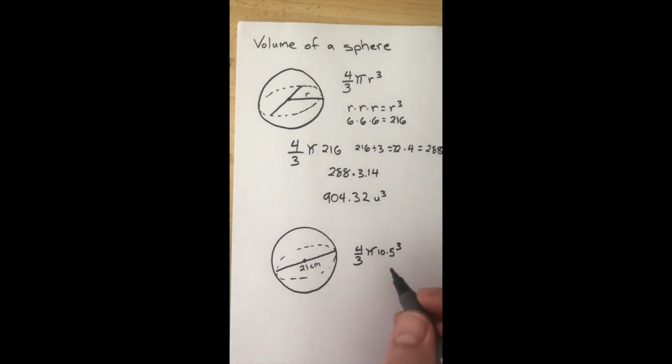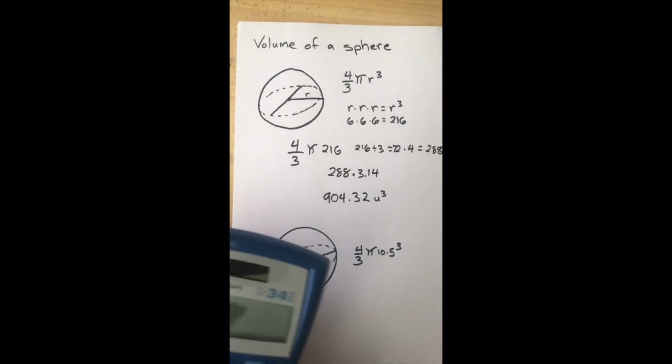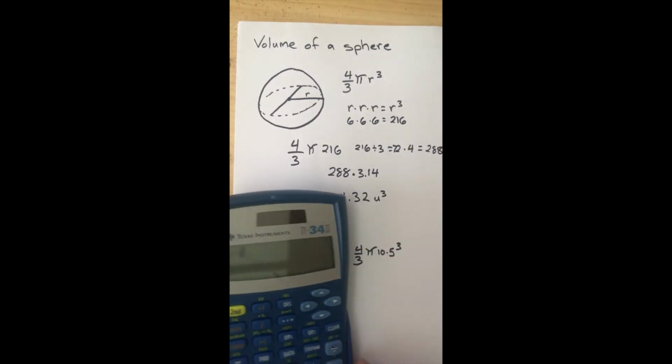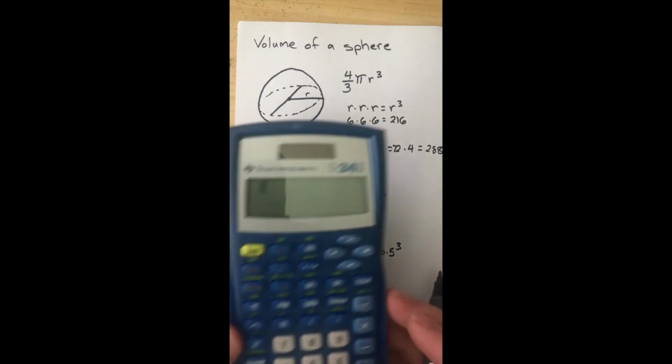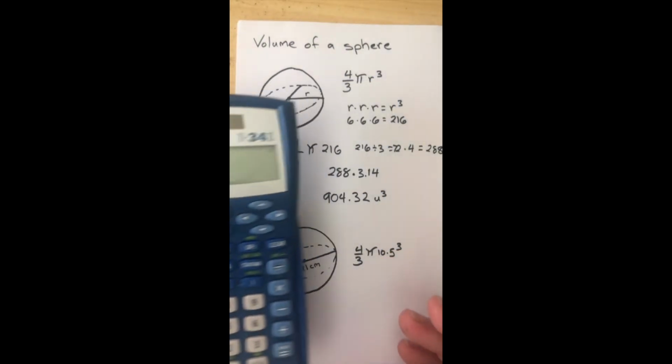cubed. So here's how I'm going to do that on the calculator, because the order that we do this is important, I believe. So I'm going to do 4 times 3.14 times 10.5, I'm assuming you guys don't even have a squared button, so I'll just do it all by hand.